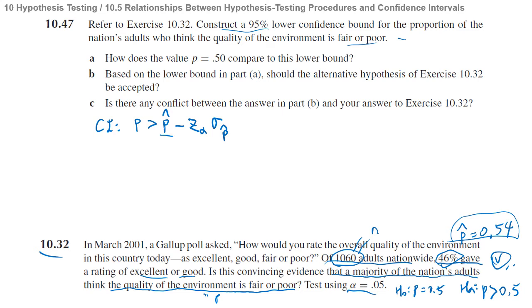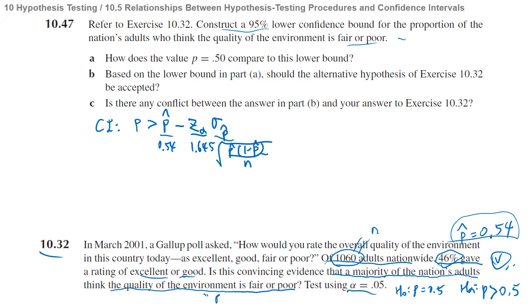Here P hat is 0.54, and Z alpha, when alpha is 0.05, is 1.645, and sigma P hat is the square root of P hat times 1 minus P hat divided by n.